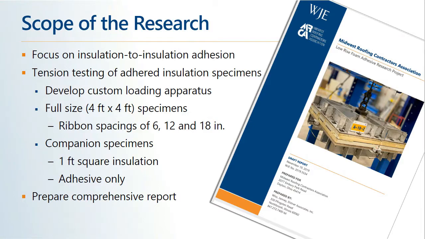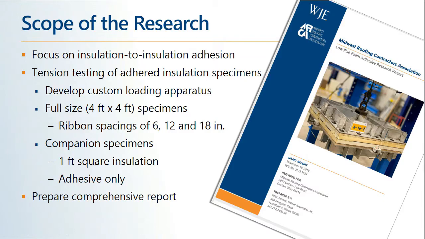We weren't going to look at the adhesion of insulation to roof decks, to vapor retarders, or roof membrane adhesion to insulation, strictly insulation to insulation. We would use the 4 foot by 4 foot specimens, and then we would use ribbon spacings that were at 6, 12, and 18 inches. 18 inches isn't a normal spacing, but you'll see later in the presentation why we chose to go with the 6, 12, and 18 inch spacings.